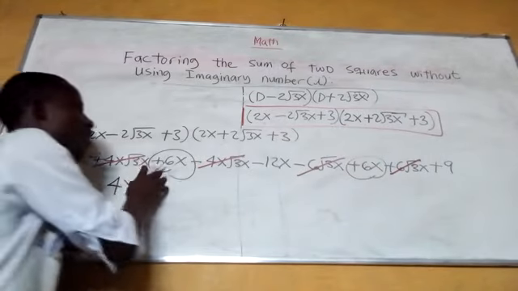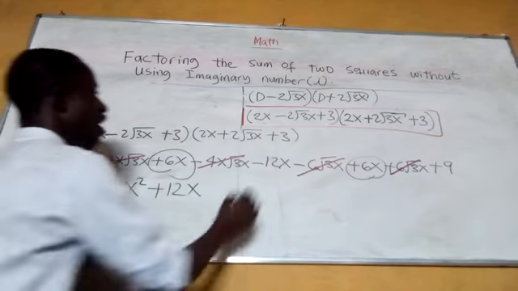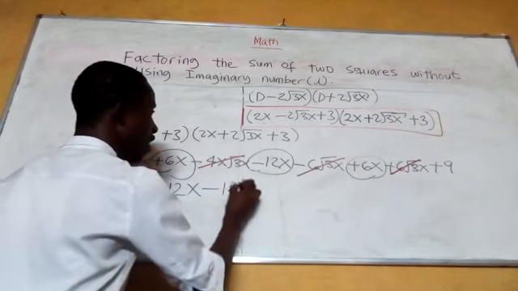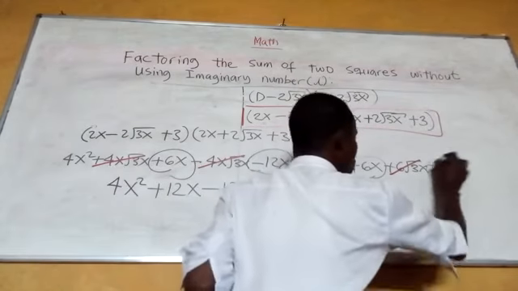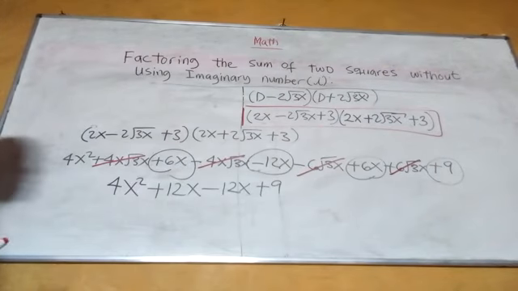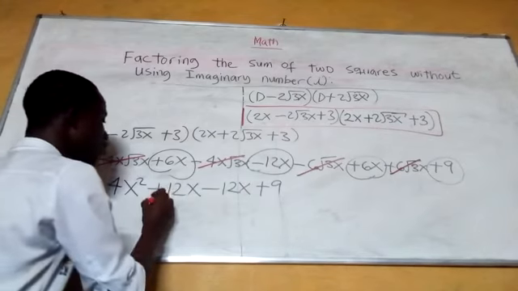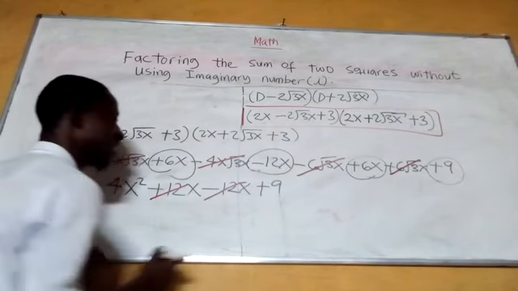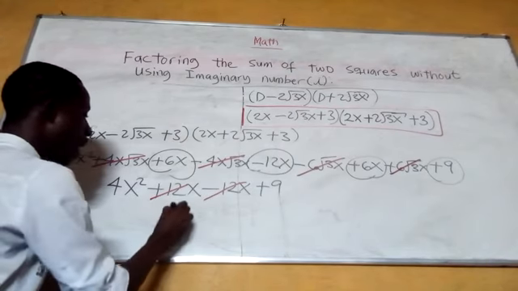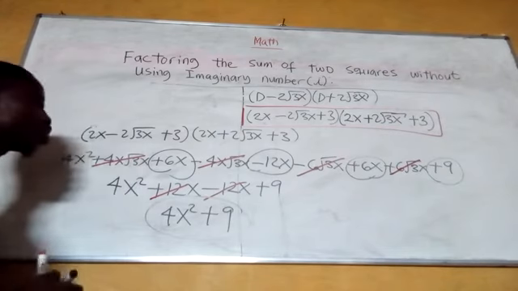So we add positive 6x and positive 6x, we have positive 12x. And we have here minus 12x. And our last term here is positive 9. We can now see that positive 12x and negative 12x cancel out. After the cancellation, we are left with 4x squared plus 9, which gives us our original problem.